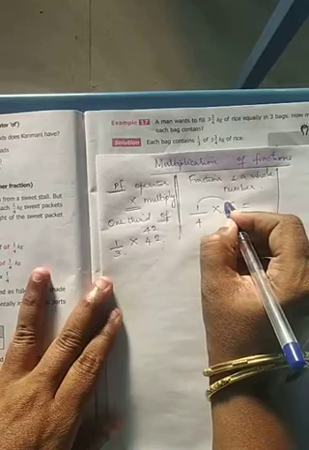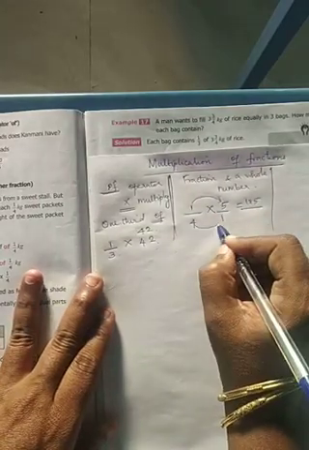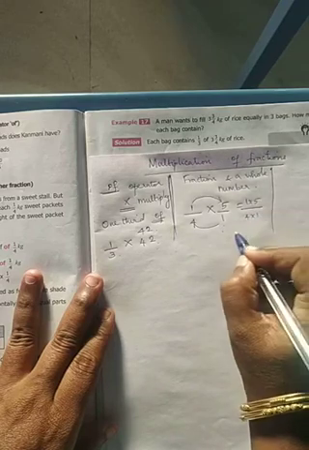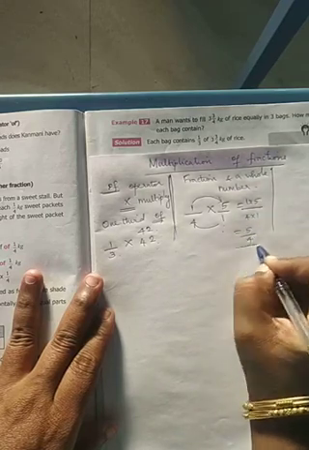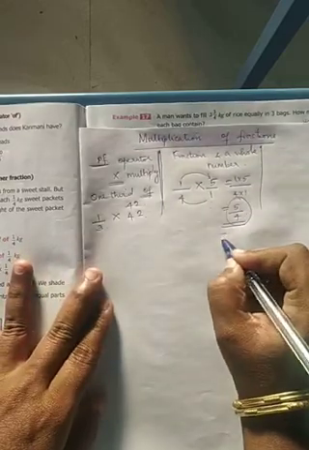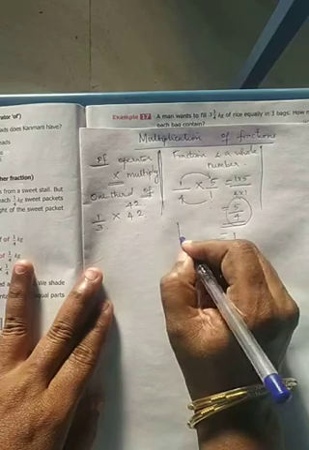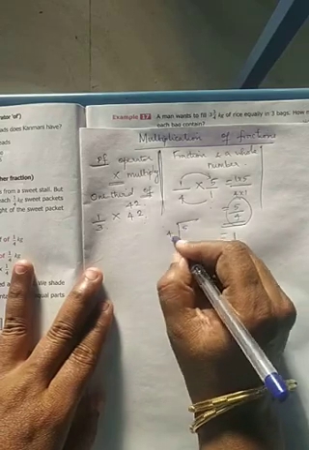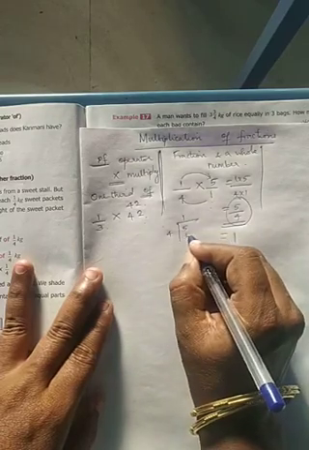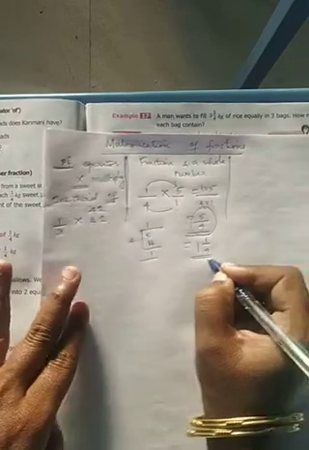So numerator into numerator, 1 into 5, divided by 4 into 1, which is equal to 5/4. Since this is an improper fraction, I can convert that into a mixed fraction as I divide 5 by 4. So 1 remainder 1. So 1 1/4 is the answer.